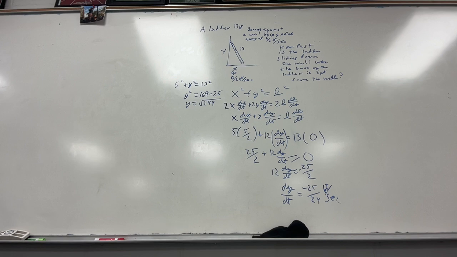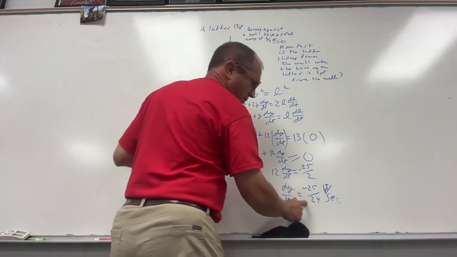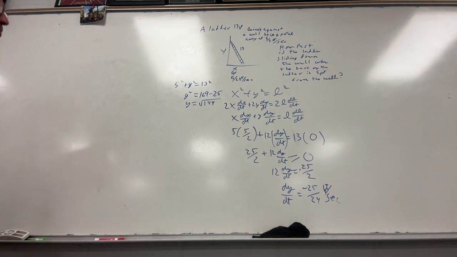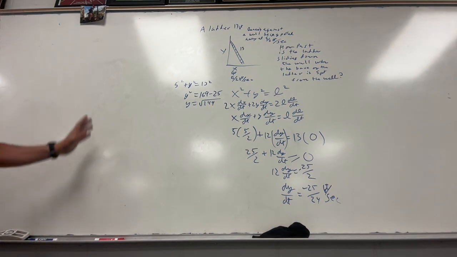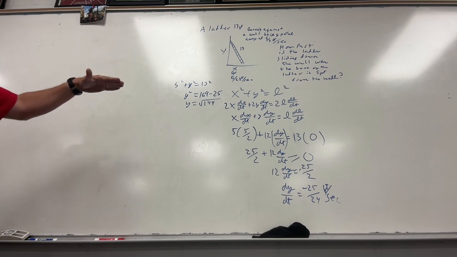Yes, the height that the ladder is up the wall is decreasing. So we should get a number that is less than 0. Okay, are we good here?